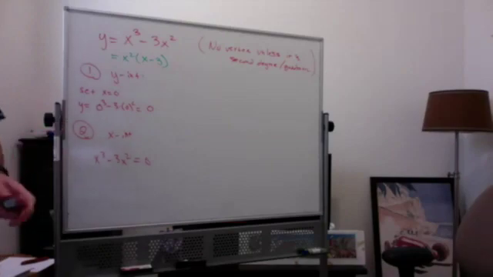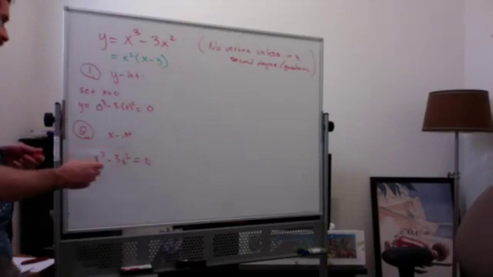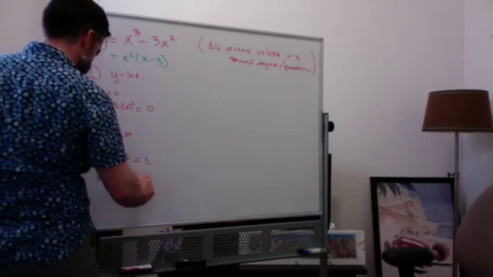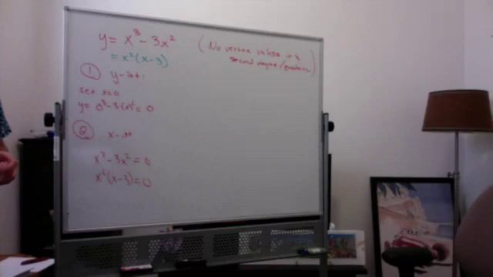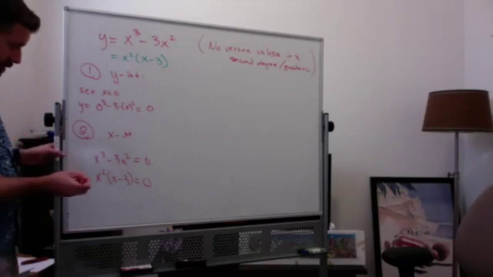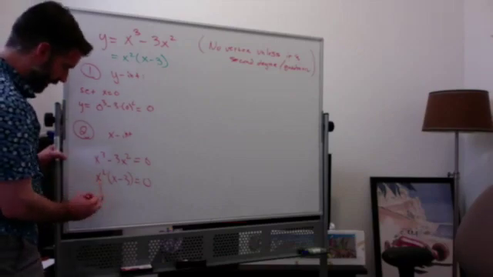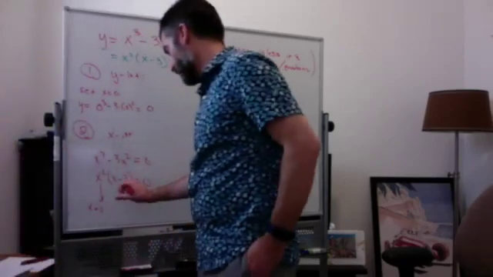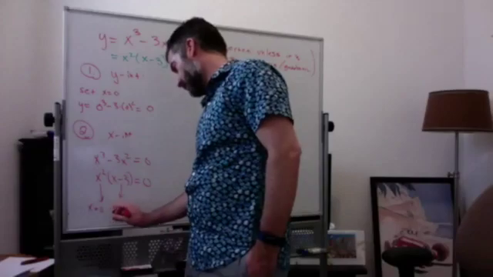That just helps me. So then I'm really solving x squared times x minus 3 equal to 0. And we can see the solutions. From x squared equal to 0, we're going to get x equal to 0. And from x minus 3 equal to 0, we're going to get x equal to 3.